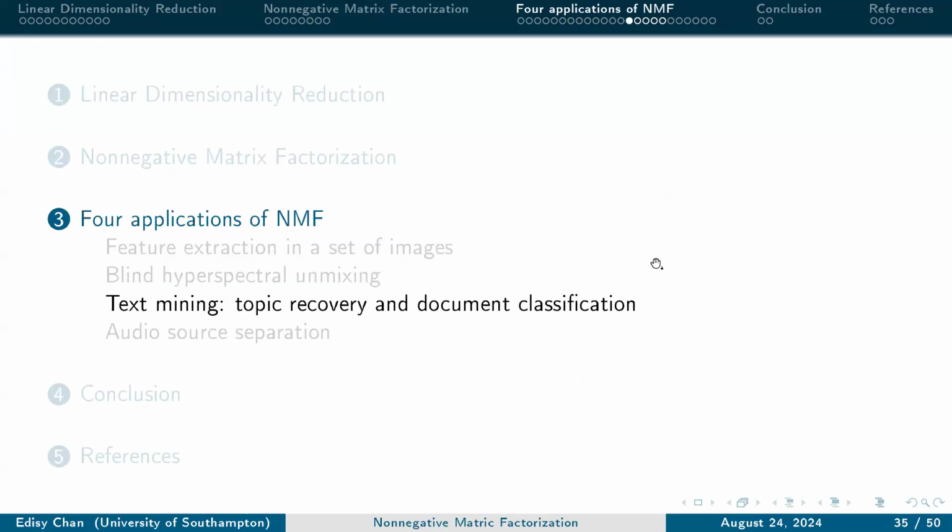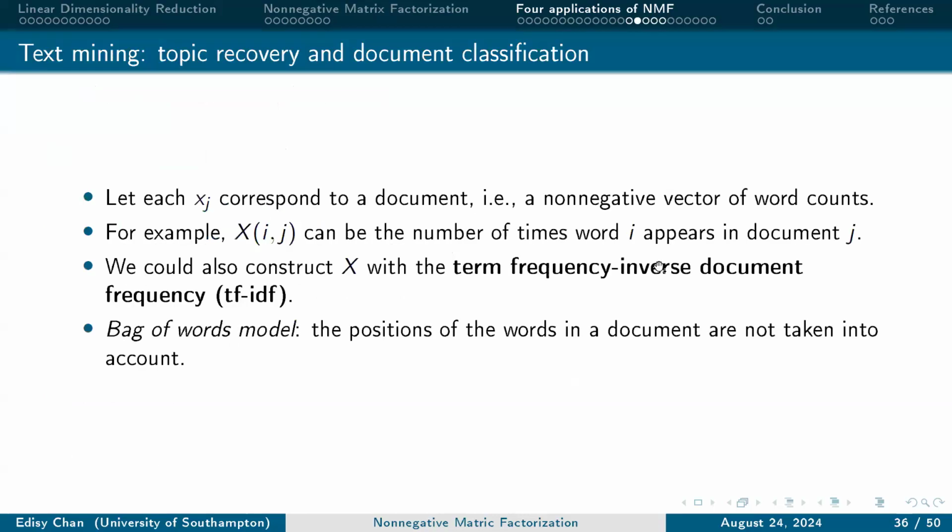Okay. So for text analysis, basically now you take the data set as some documents. Now the matrix X, each column corresponds to one document. Different documents contain different numbers of words, and those words will be related to different topics, right?